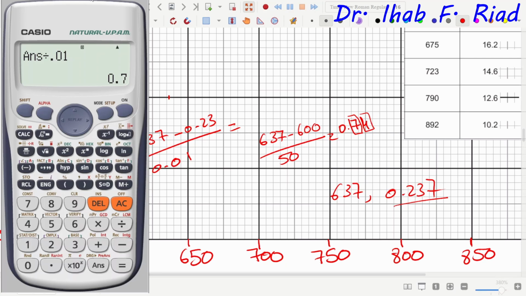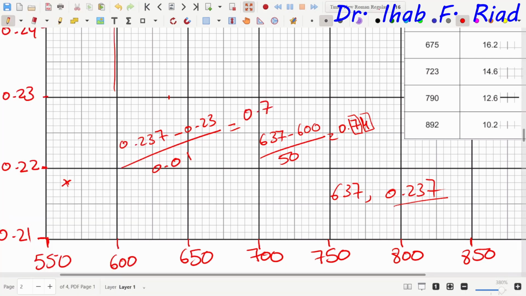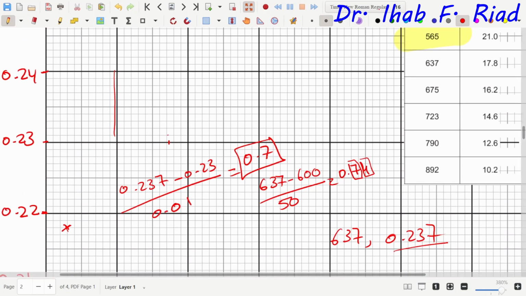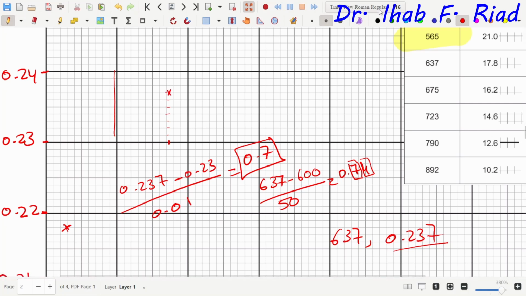We get 0.7, meaning it is 7 small squares. Then we start counting. This is 1, 2, 3, 4, 5, 6, 7. Then the data point is going to be like this.